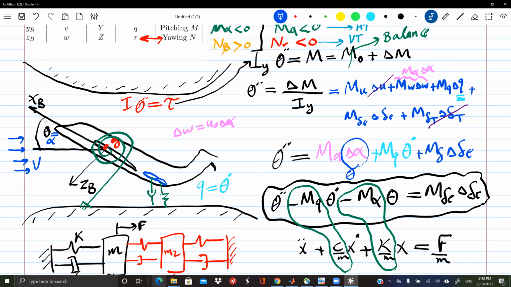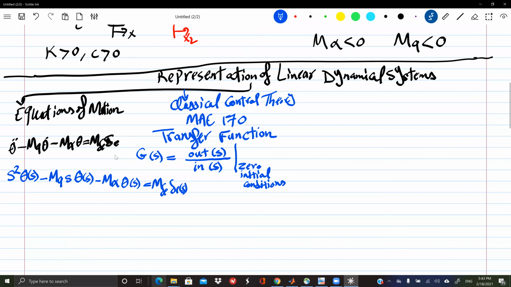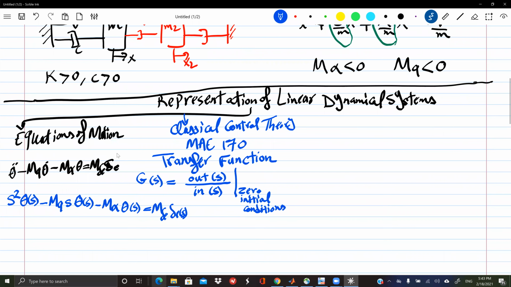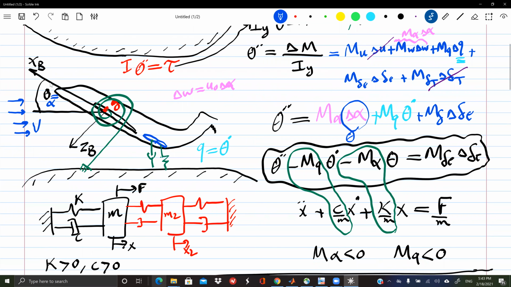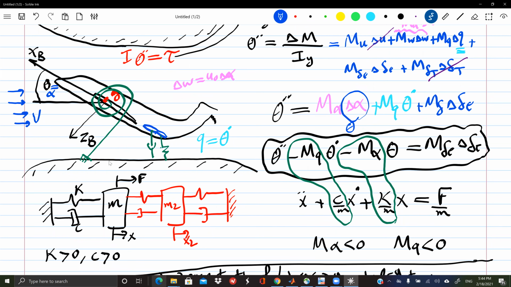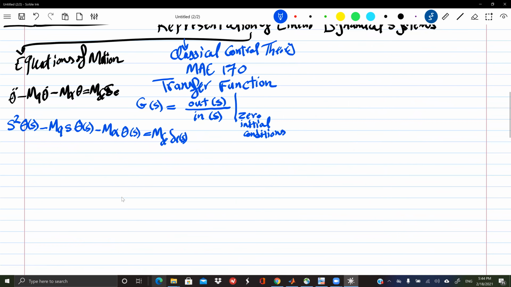So this will be theta. And if theta is the output, what will be the input? What is the input as a pilot or autopilot to control the airplane motion theta? The elevator control. Elevator, exactly. So elevator is my input, theta is my output.